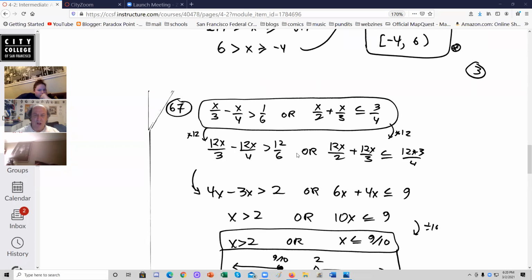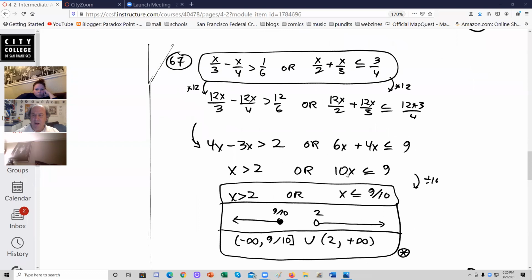Now, after some reductions, this becomes 4x minus 3x is greater than 2. And this becomes 6x plus 4x is less than or equal to 9. We reduce this, it becomes x is greater than 2, fine. We reduce this, combine terms, 10x is less than or equal to 9. You divide by positive 10, you get the same inequality, same direction, and x is less than or equal to 9/10.